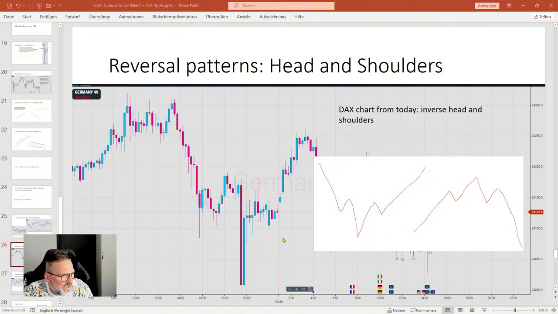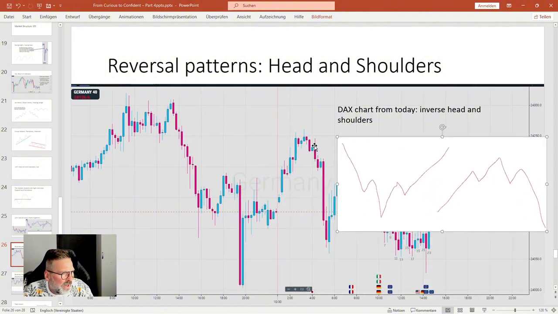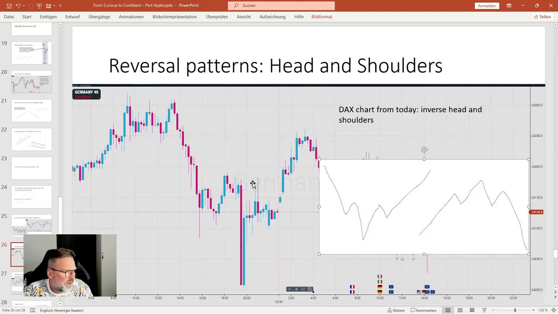So your stop would be here. And then you would target probably the highs here. It wouldn't exactly hit your target, but you probably would have the opportunity to move stop loss to break even. And what happened there? Market came back down, and then you would have got stopped out at break even, which would be a scratch trade. So that's how you would play it safely. That's an example of an inverse head and shoulders.